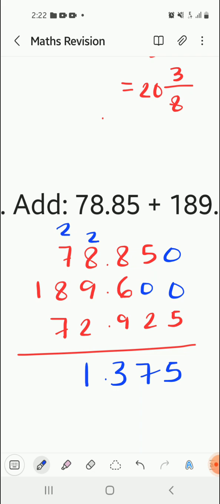Then we have got 7 plus 2 is 9, 9 plus 8 plus 7 is 24, and 2 plus 1 we've got 3. That is it. So my answer becomes 341.375.